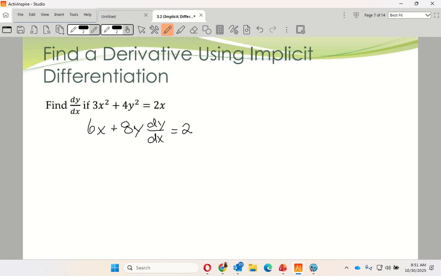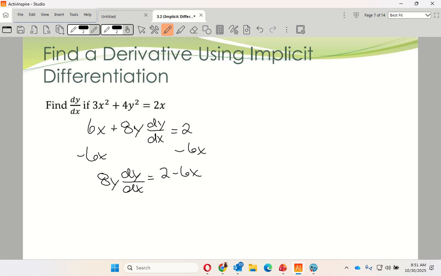And my whole goal here is to get what by itself? dy dx, right? Get the dy dx by itself. So we have to move things around a little bit. Subtract 6x from both sides. So 8y dy dx is equal to 2 minus 6x.